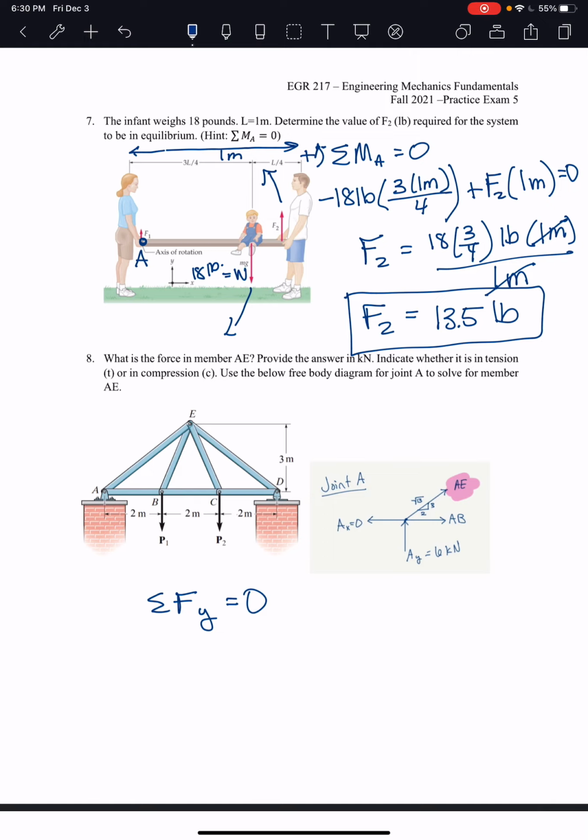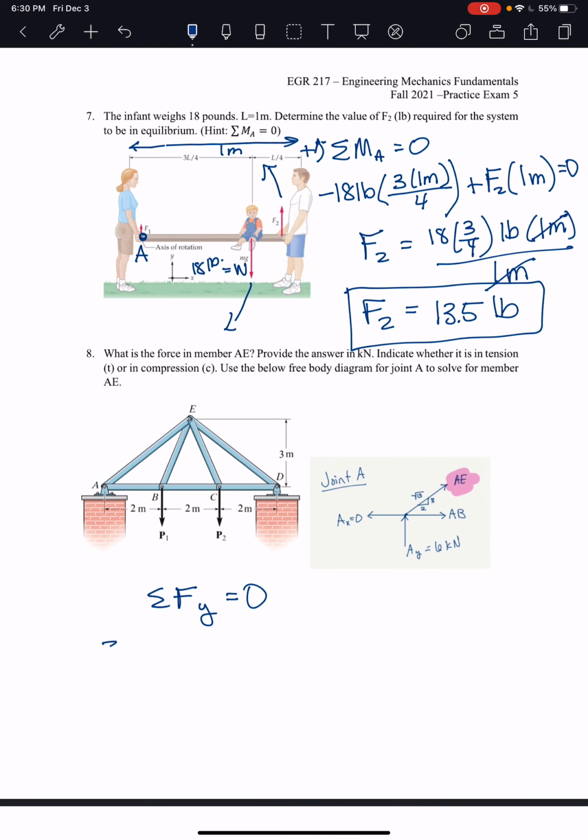Because we don't know AB, if we summed them in the x, we'd have an extra unknown. So in the y direction, we're going to get 3 over the square root of 13 times AE. And that's drawn in the positive direction, plus that 6 kilonewtons, this one here.